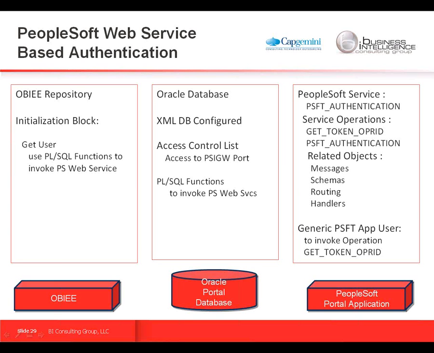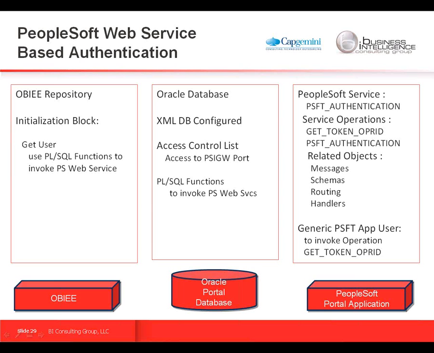So then at the database level itself, this would most likely be your PeopleSoft portal database or your PeopleSoft application database, but it could be the actual warehouse database. We need to make sure that XML DB was configured so that we could have PL/SQL actually execute web services.